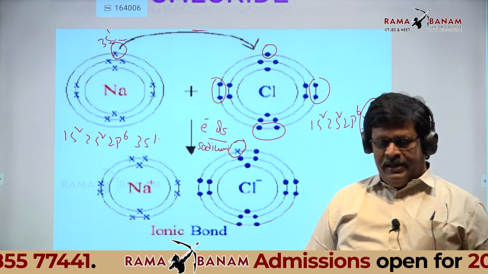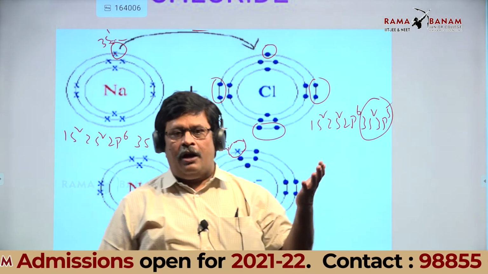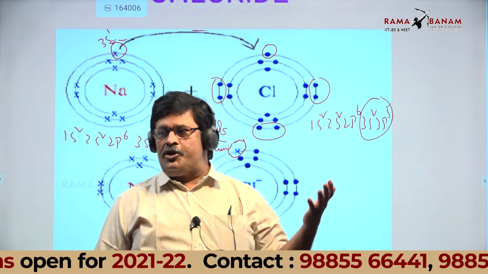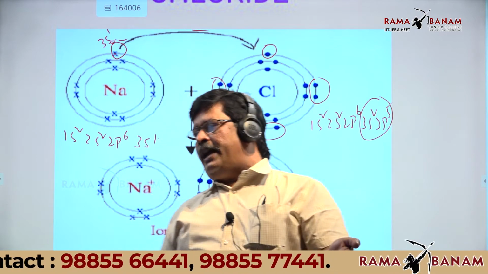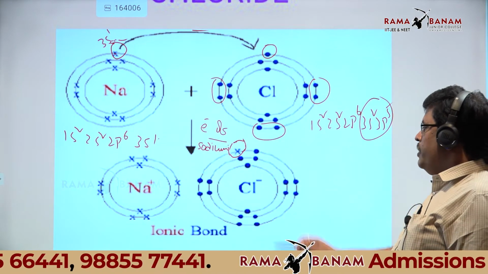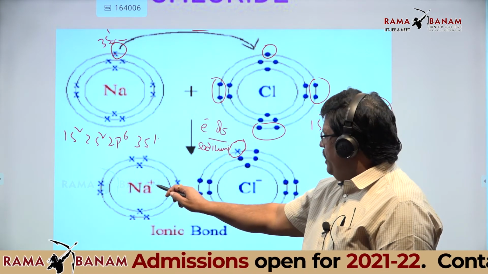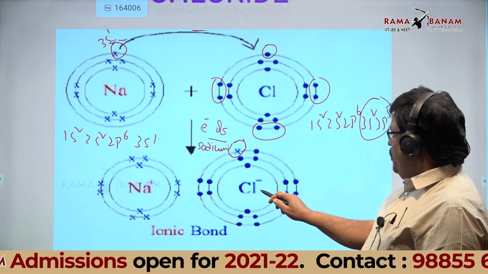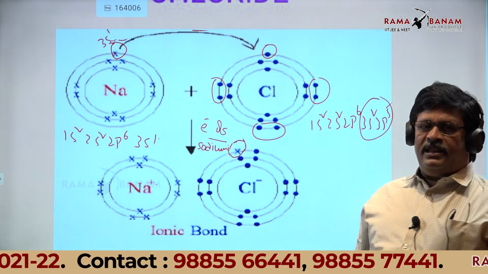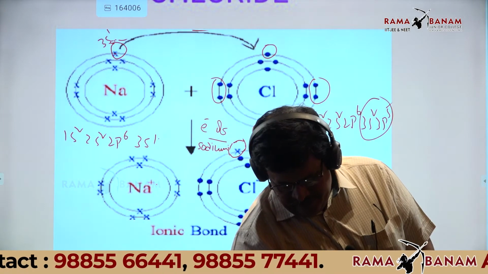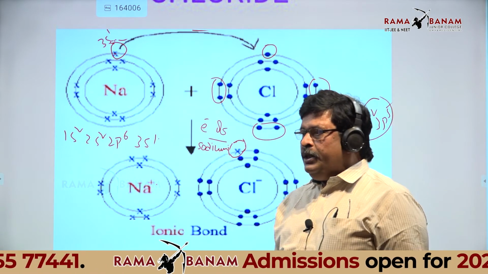The bond formed due to complete transfer of electron from the outermost shell of one atom to the outermost shell of another atom is an ionic bond. So an ionic bond is formed between sodium and chlorine. Sodium converts into Na plus, chlorine converts into Cl minus. The electrostatic attraction is the ionic bond. Is it okay, students?